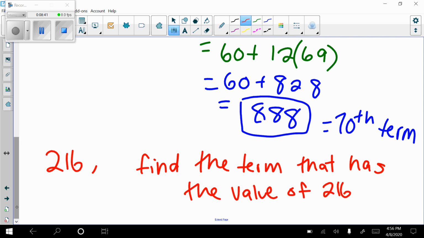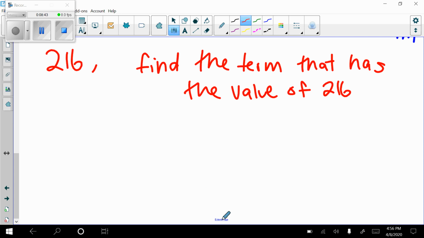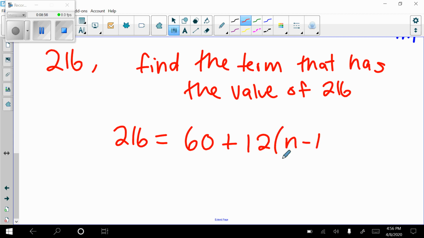That just means you're calculating which number in the list will be the 216. So that is our an, and in the equation, we're trying to solve for n. I know that you know how to solve. You're trying to get n by itself.